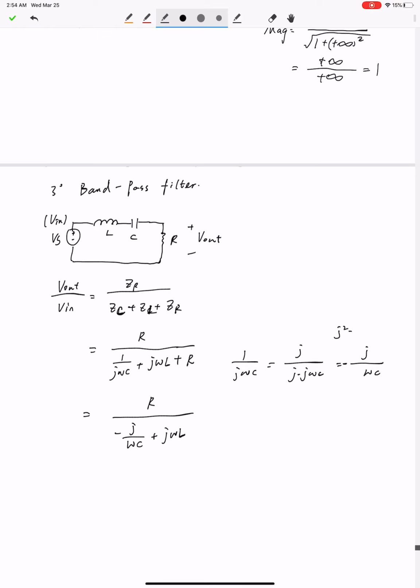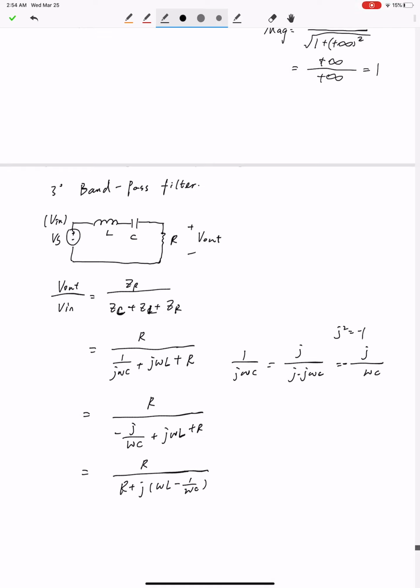Because j squared is minus 1. Plus r, right? And now this transfer function becomes r divided by r plus j times omega l minus 1 over omega c. Okay. All right, so that's the transfer function.